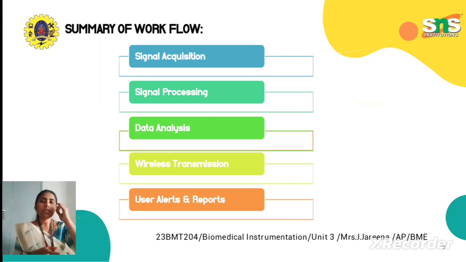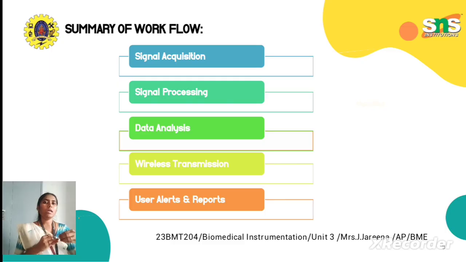Next we will see the summary of the workflow. Once all the components have been purchased and arranged properly in the circuit, the workflow follows this way. First, we have signal acquisition with the help of a sensor.